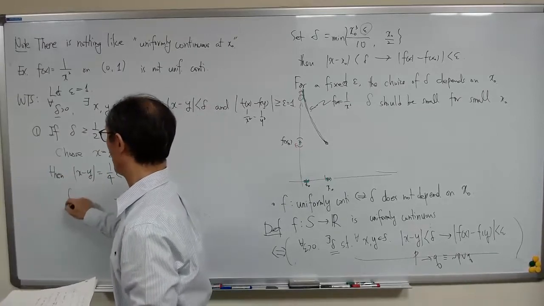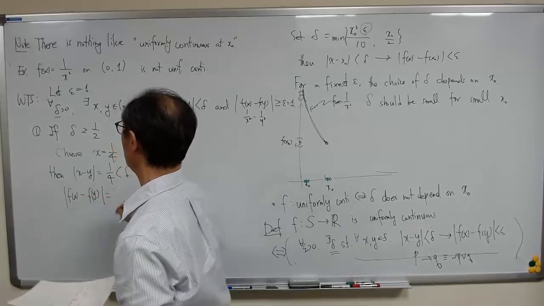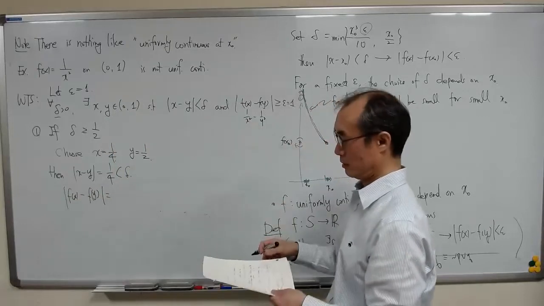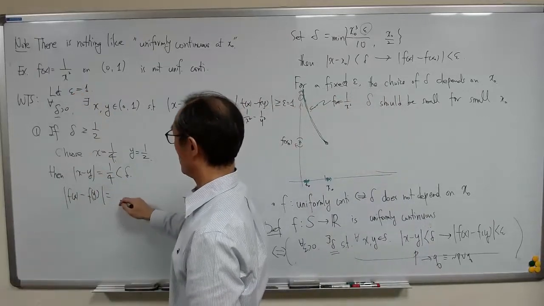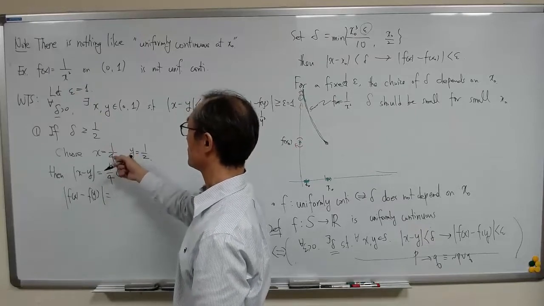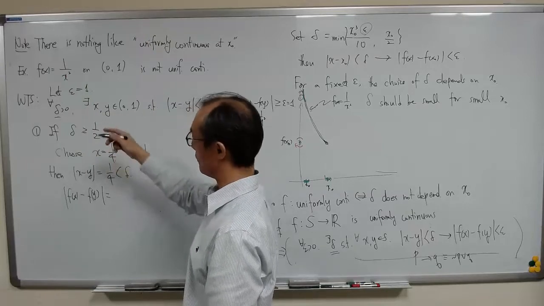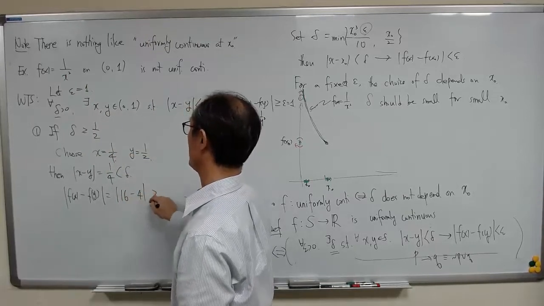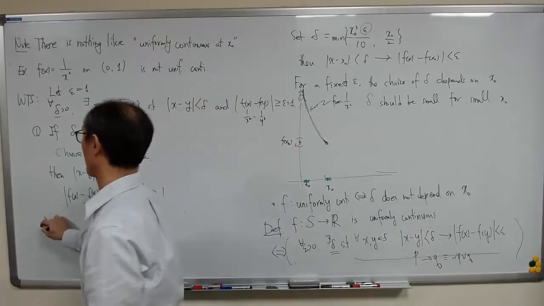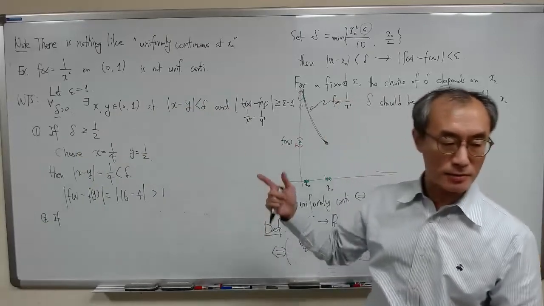But f of x minus f of y, by applying the function, we have 1 over x squared, and if you put 1/4 for x, we get 16 minus 4, so this difference is greater than 1.